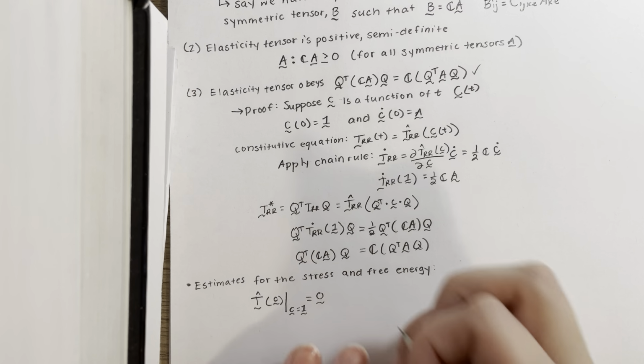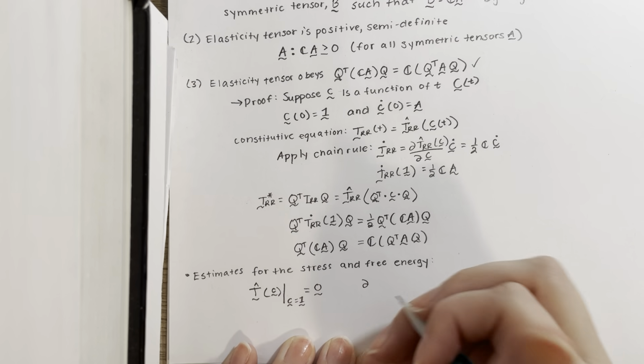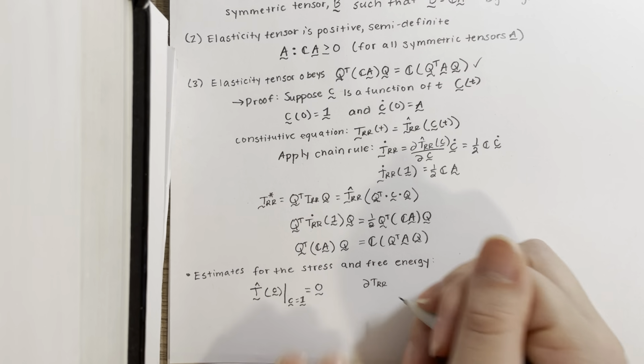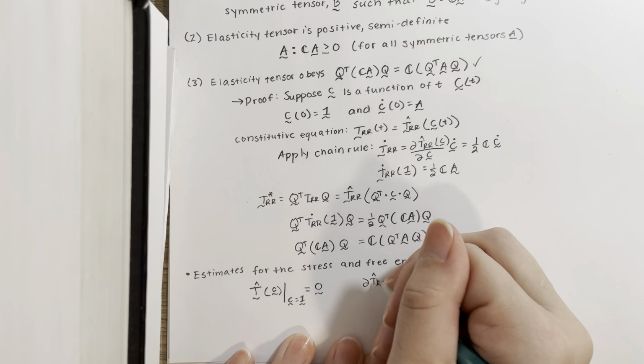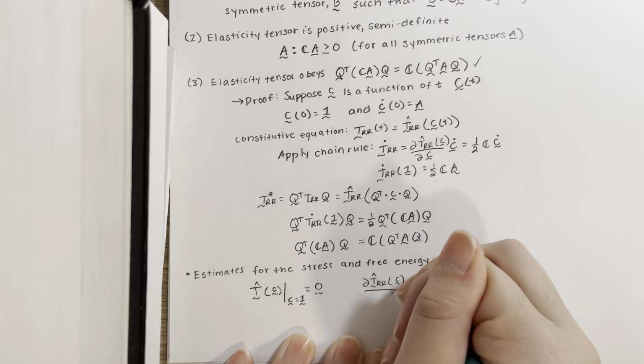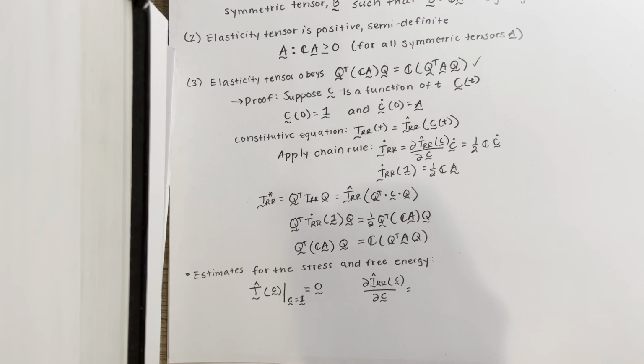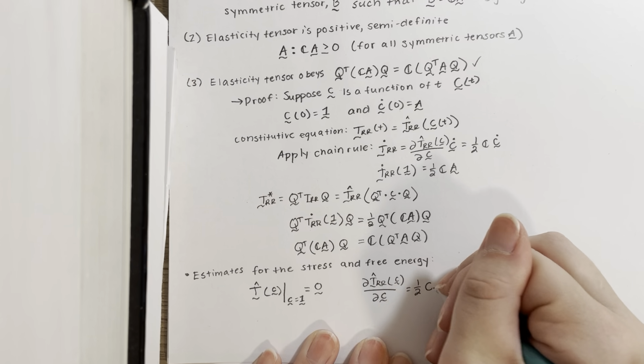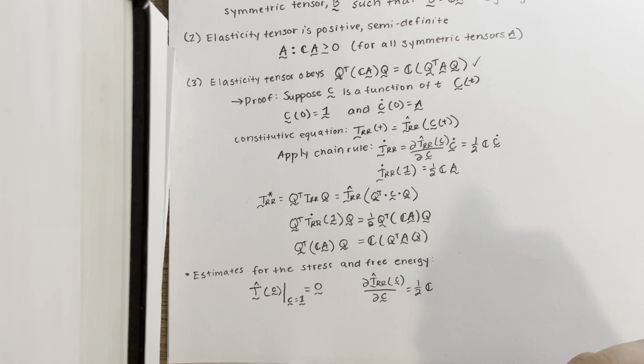We have that the derivative of T_RR hat of C with respect to C is equal to 1/2 the elasticity tensor.